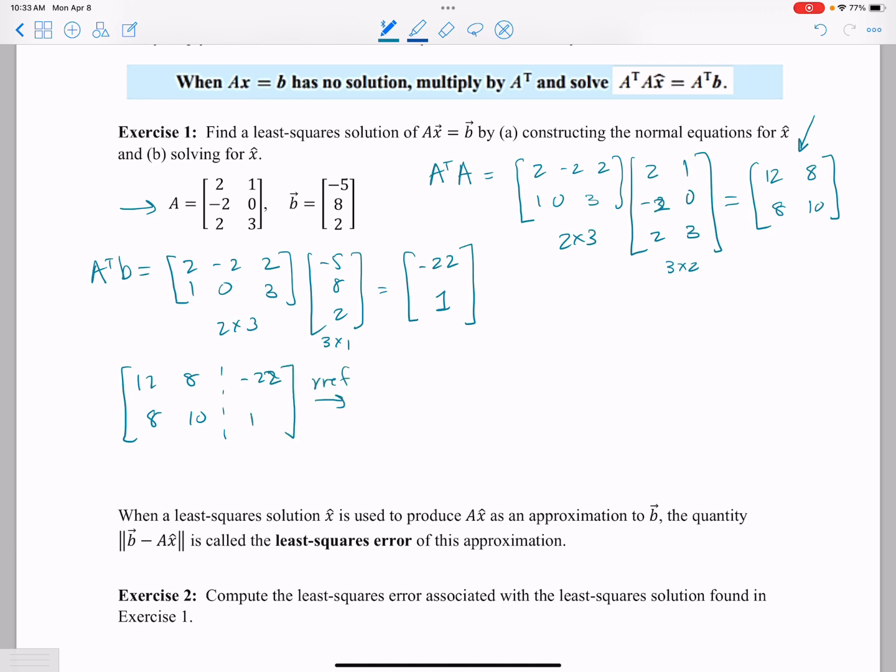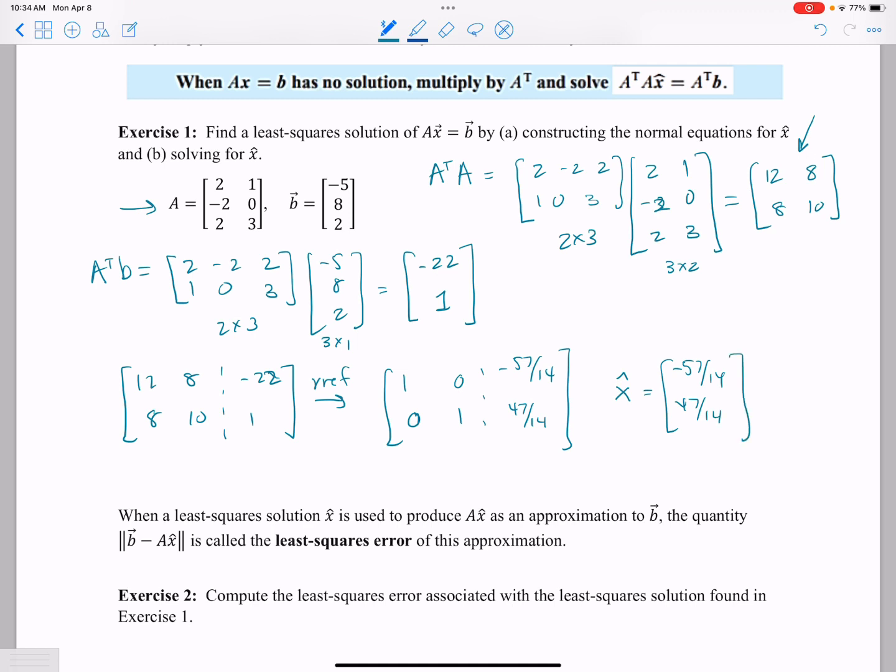If we use some technology to row reduce this, we will find our solution is negative 57 over 14 and 47 over 14. So my x hat, or the approximation to Ax = b, is negative 57 fourteenths and 47 fourteenths.